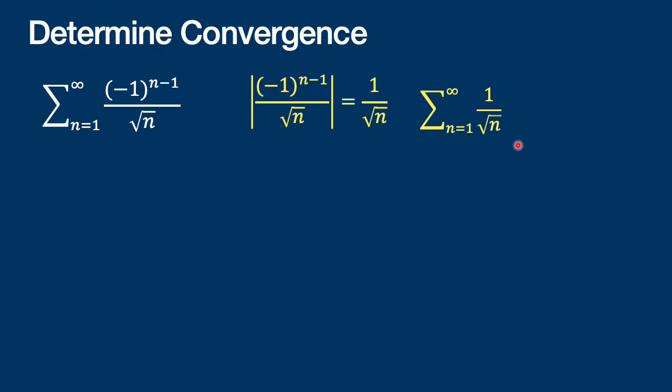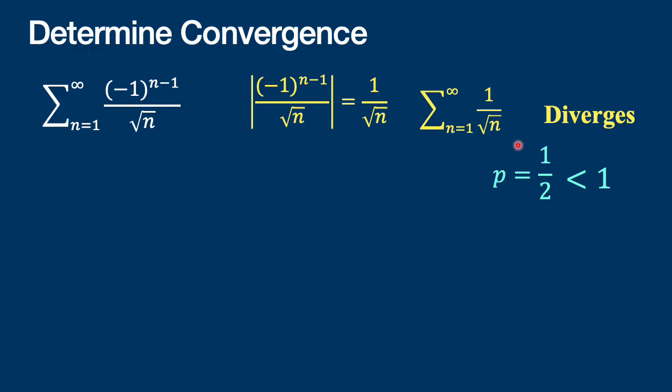This is a p-series. The p value is 1/2, which is less than 1 and greater than 0, so it diverges. When you take the absolute value, each term is positive, and the series diverges.